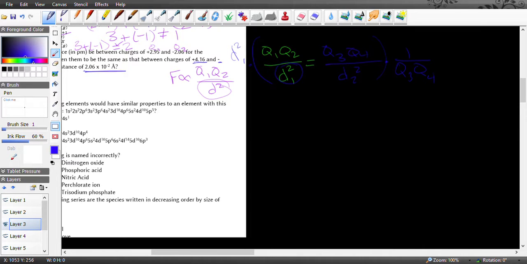Doing that step, I'll get Q1 Q2 over Q3 Q4 equals D1 squared over D2 squared.